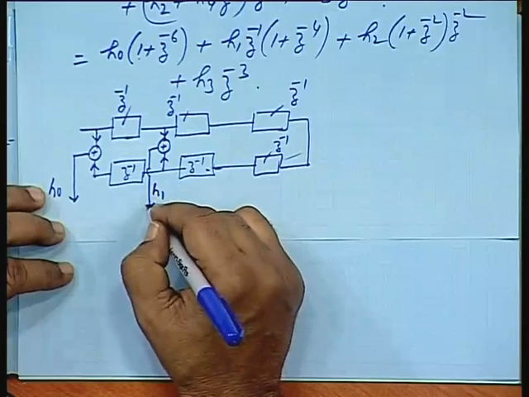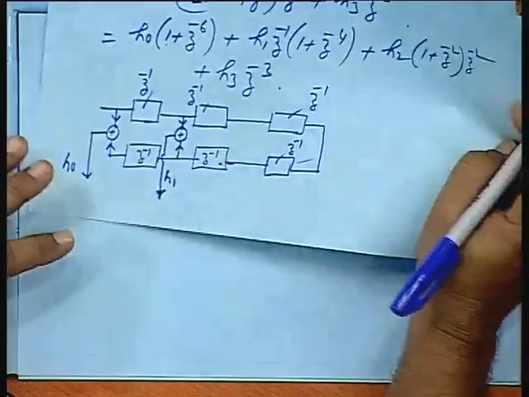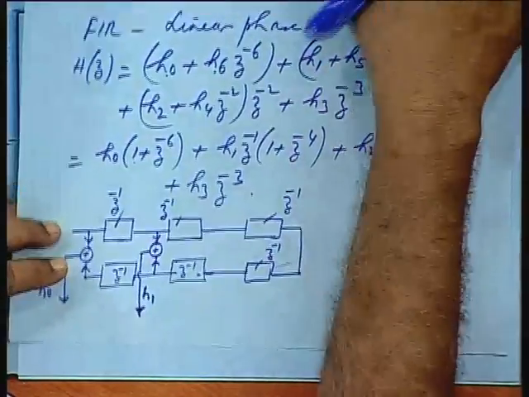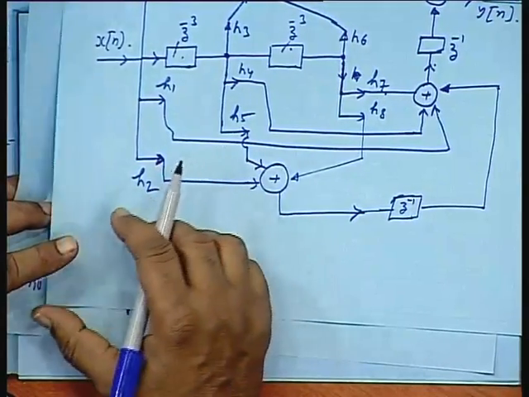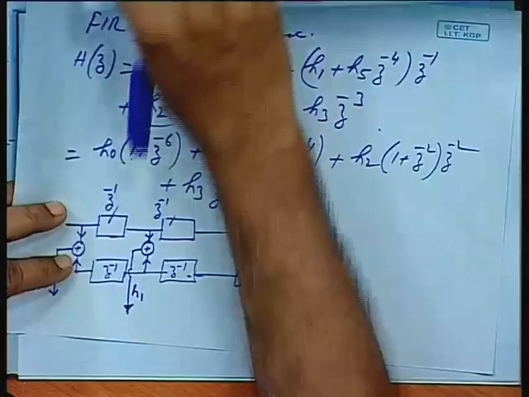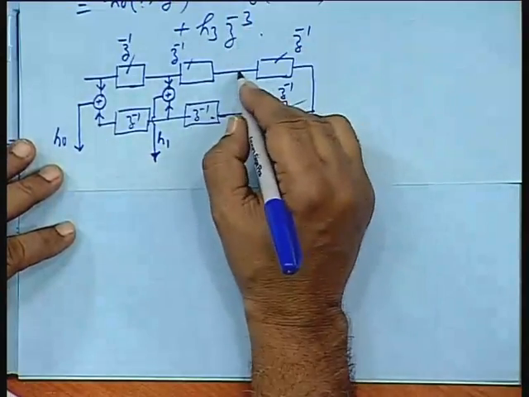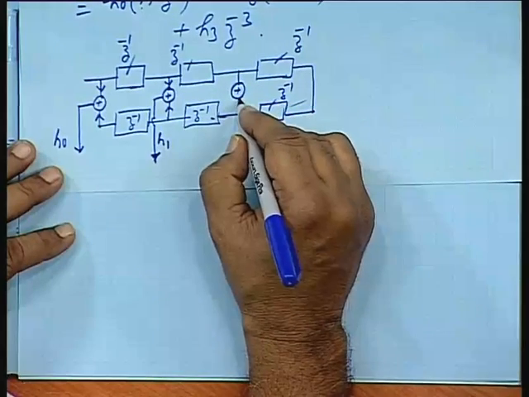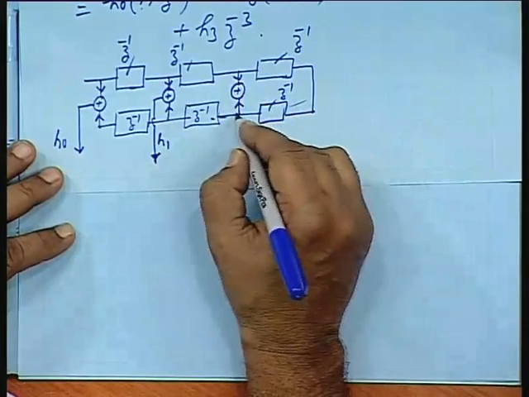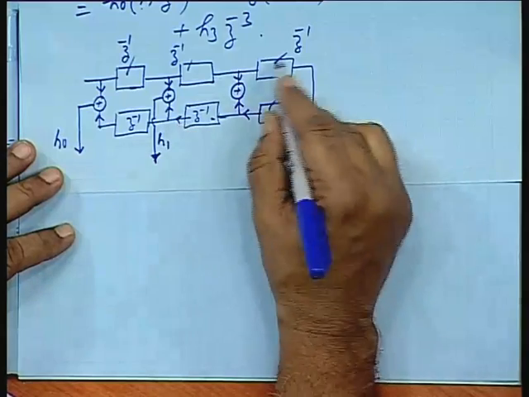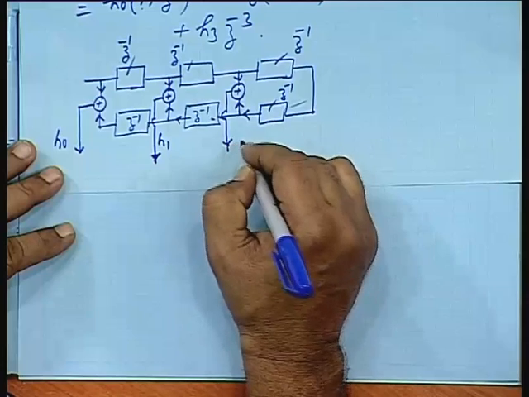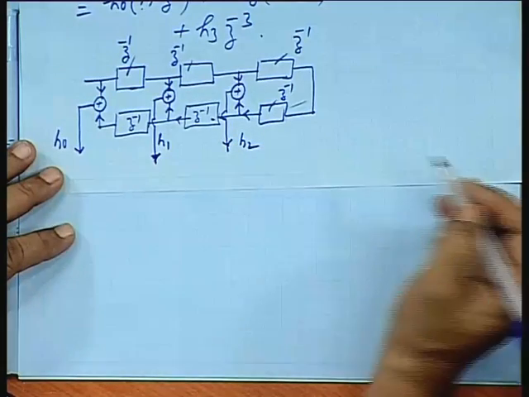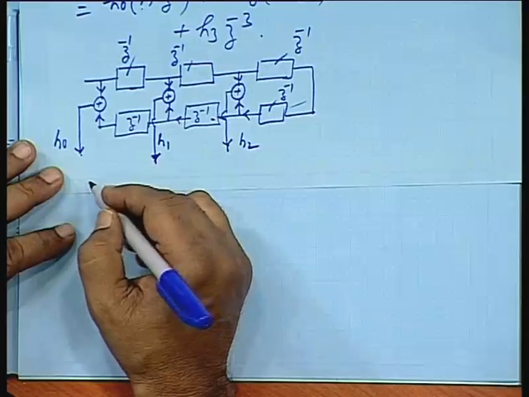H1. Okay. In signal flow, we use just the arrow for the multiplying constant. So, I need not always write a constant with any block. Similarly, this one I add with this output. This is to be multiplied by H2, all right.